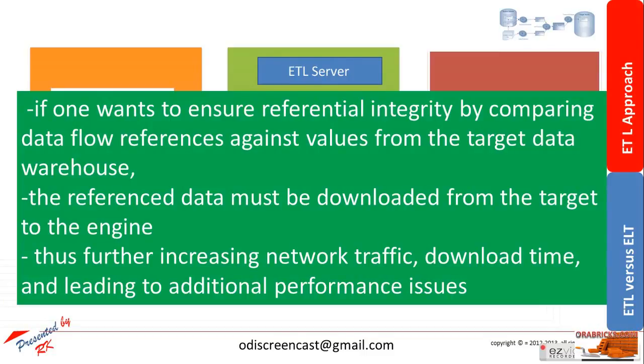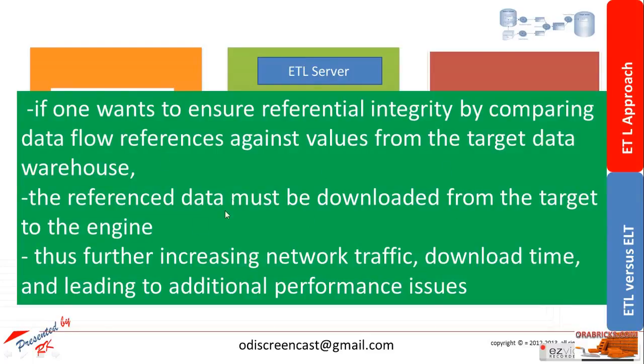So in this case, ETL tools basically operate in a different way. First, it will download the entire lookup table. In our case, the lookup table is the department table. So it will be completely downloaded from the target warehouse server onto the middle tier server.